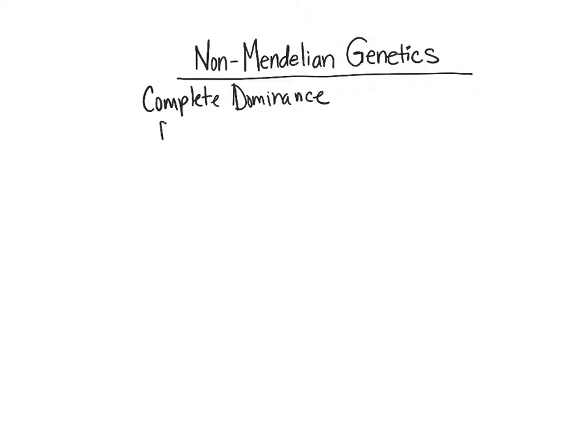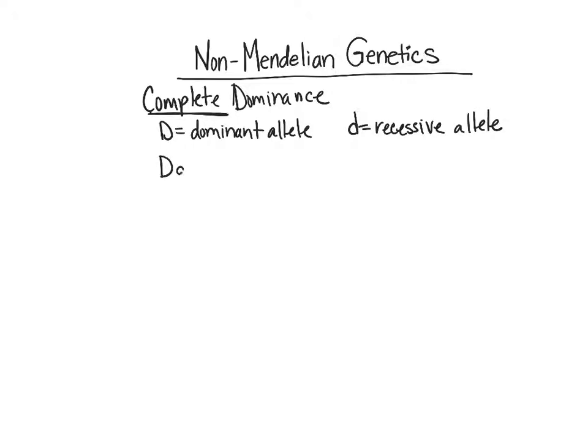So we have the dominant allele, and then we have the recessive allele. The reason this is complete dominance is because the dominant allele is completely dominant over the recessive allele.